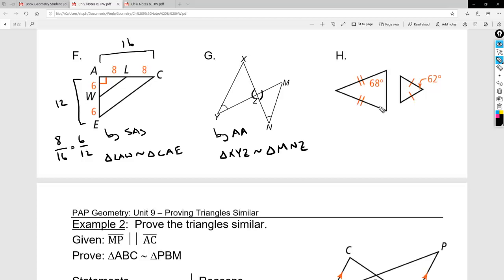Last example here. I have two isosceles triangles again, so that means this angle must be 68. And the question is if this matches. Well, it does not. So this does not add up. I do not get the correct angle here, so I cannot say that these are similar triangles.